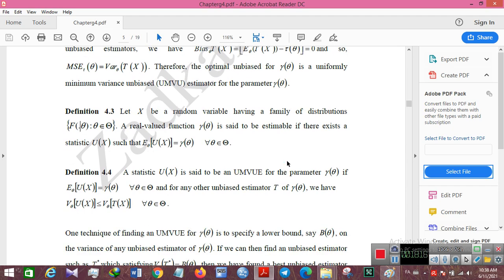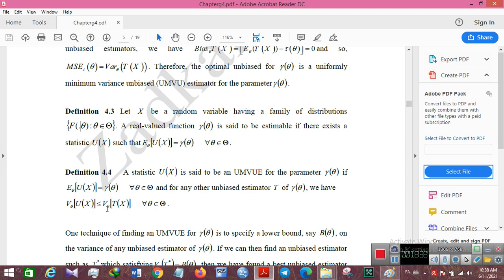So we call a function gamma(theta) estimable if there is an unbiased estimator. Next, U(X) is the UMVUE of gamma(theta) if it is unbiased, and for any other unbiased estimator T(X) of gamma(theta) the variance of U(X) is less than or equal to the variance of T(X).